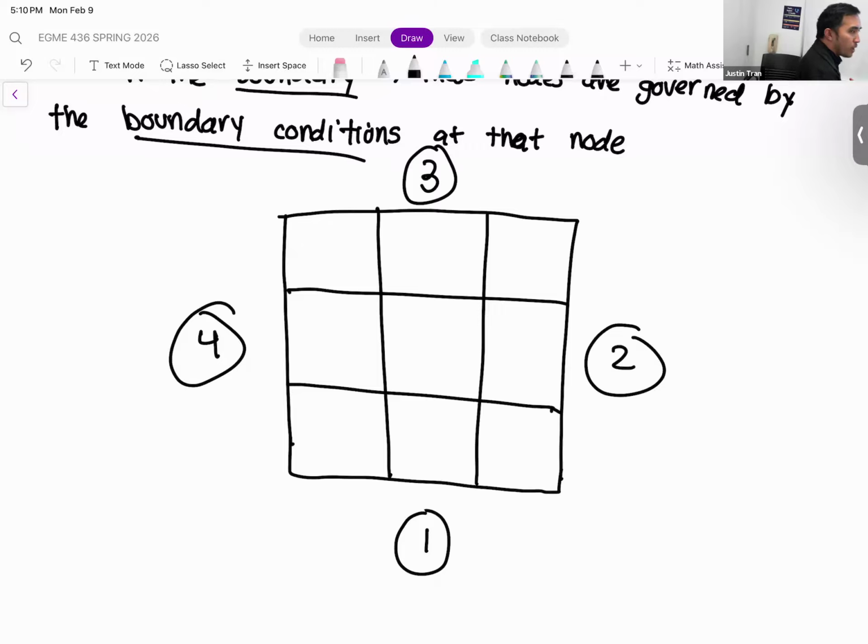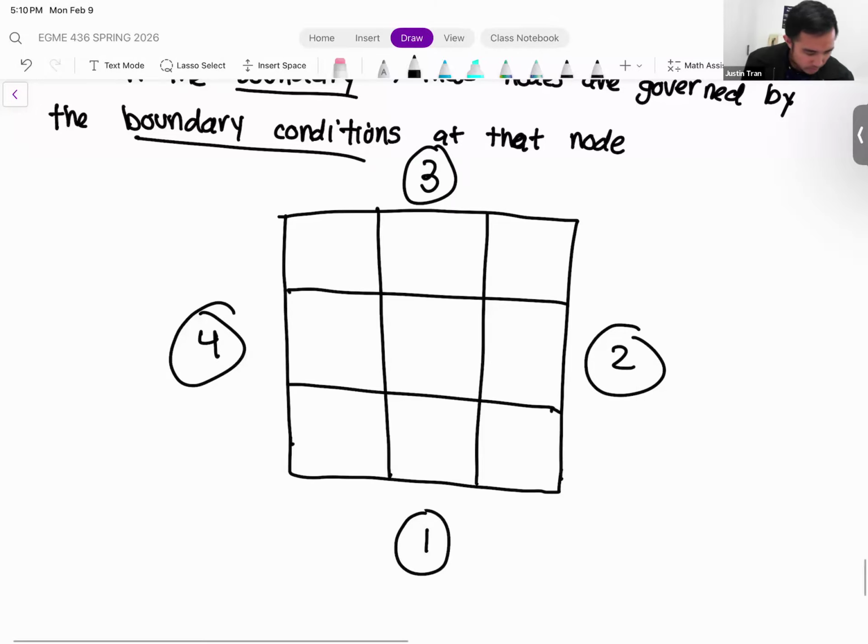Now, with these 4 boundary conditions, you might have 2 of these being the same. You might have all 4 of them being different. You're never going to have all 4 of them being the same, because then that's kind of boring actually. But just know that they can all be different.